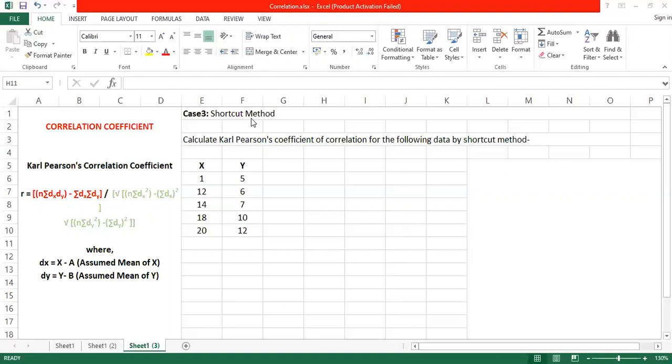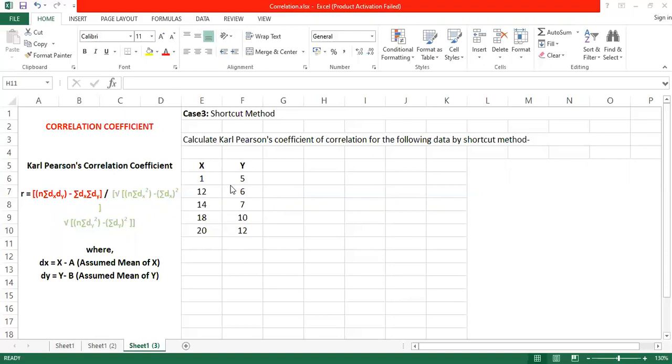Now one thumb rule goes like use shortcut method in such problems where the values are large, right? But that is not the ideal case. Shortcut method can be used for any type of value, whether it is large or small. So purposefully I have chosen a small data so that I can validate that even shortcut method can be used for small data as well, right?